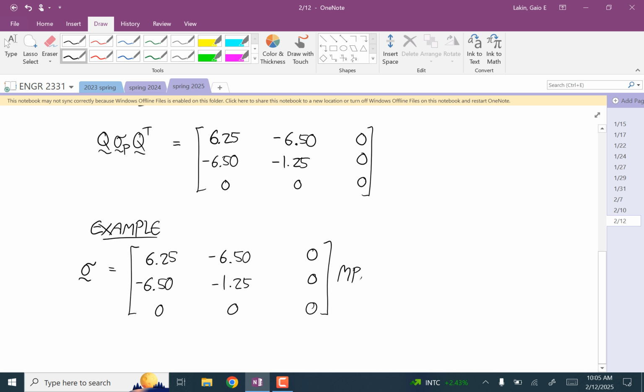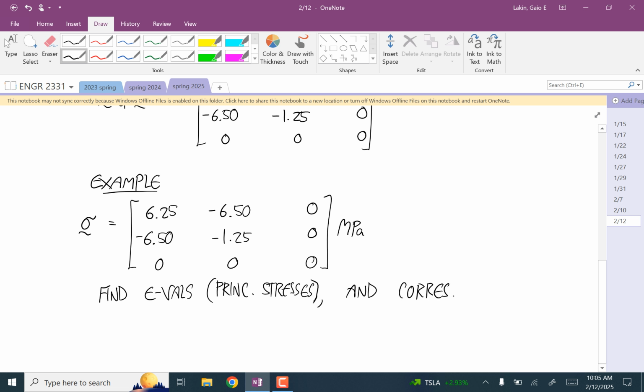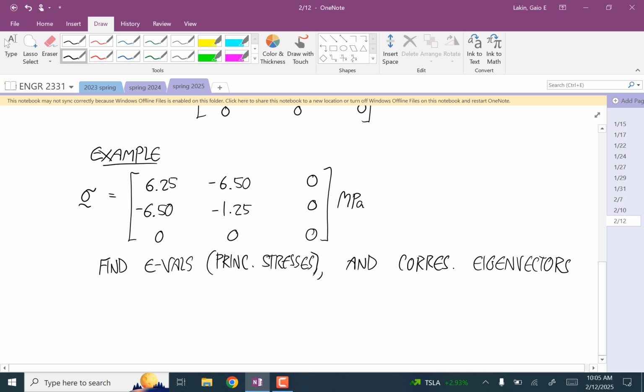And this is in megapascals. And we want to find the eigenvalues. Those are the principal stresses. And the corresponding eigenvectors. Those are the principal coordinate axes.